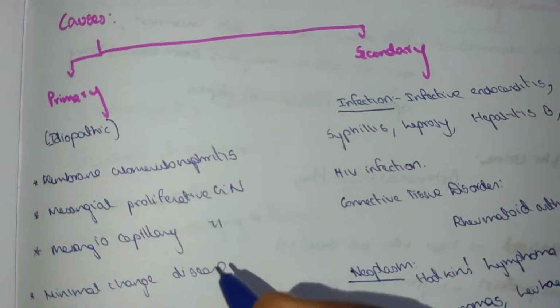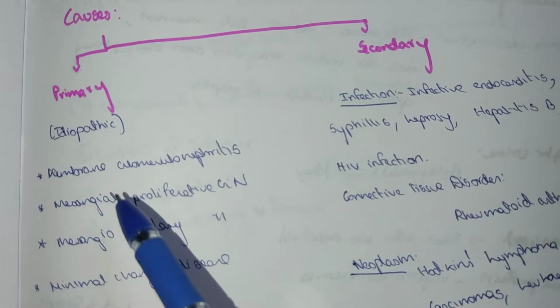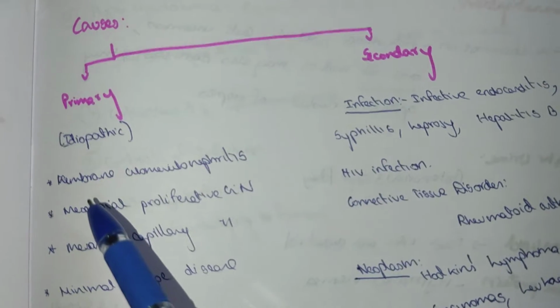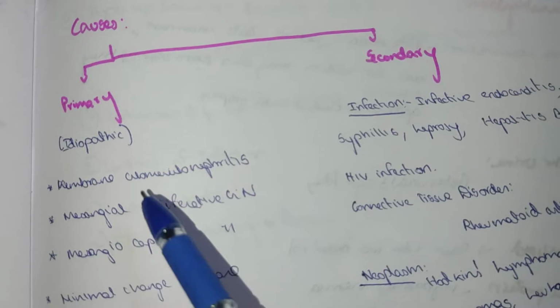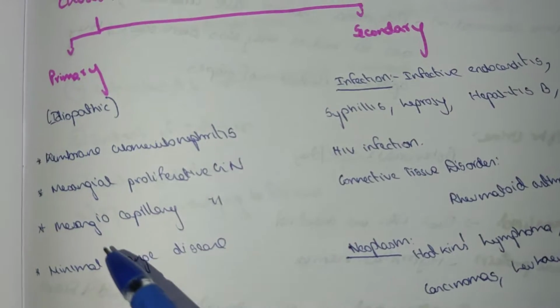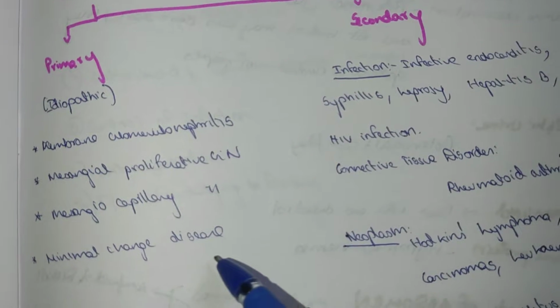Now we will see the primary and secondary causes of nephrotic syndrome. The primary causes are idiopathic, the causes are unknown. They are membranous glomerulonephritis, mesangial proliferative glomerulonephritis, mesangiocapillary glomerulonephritis, as well as minimal change disease.